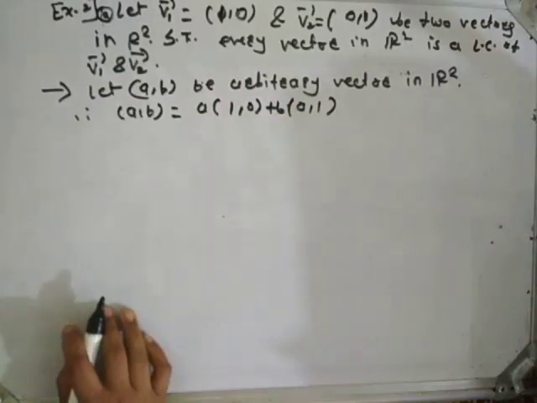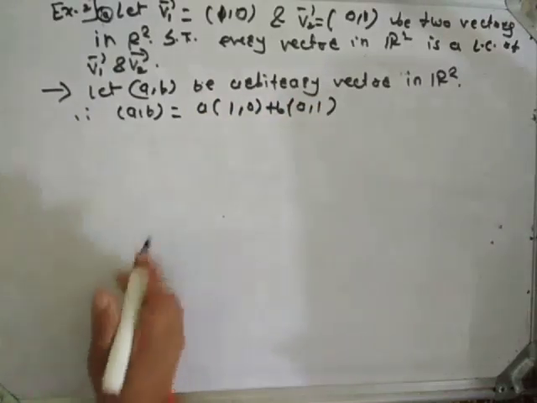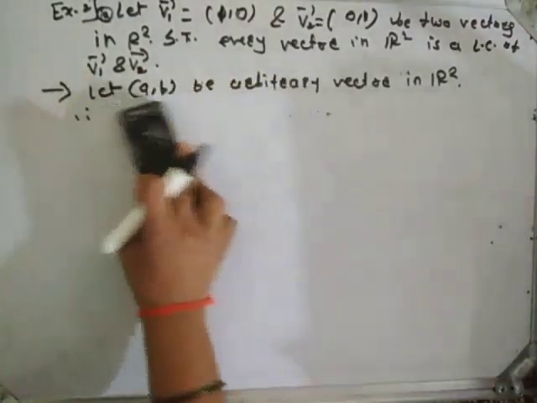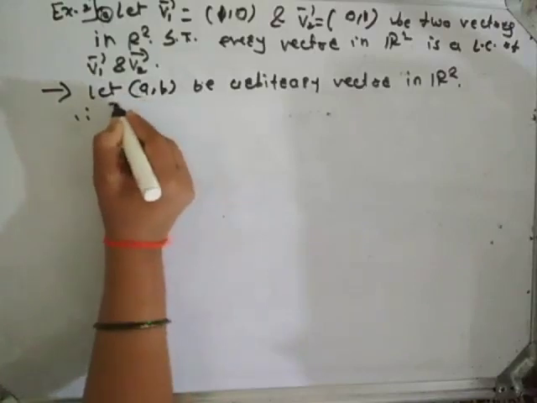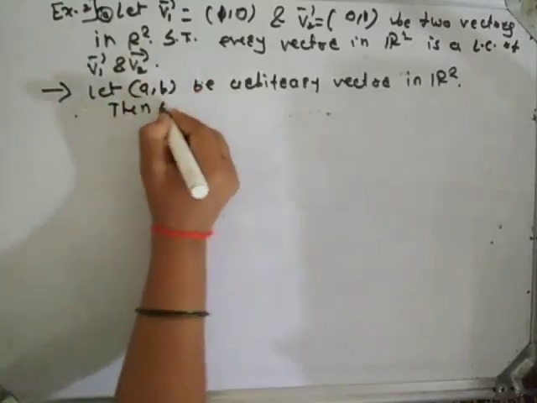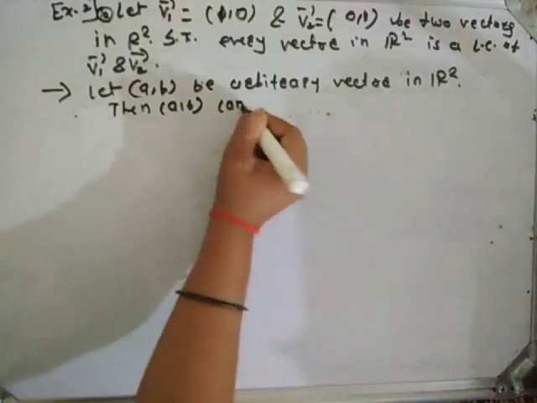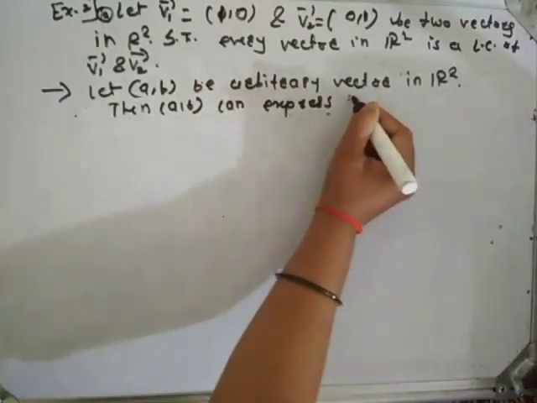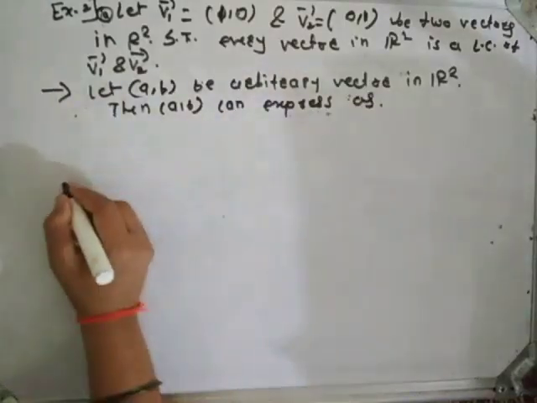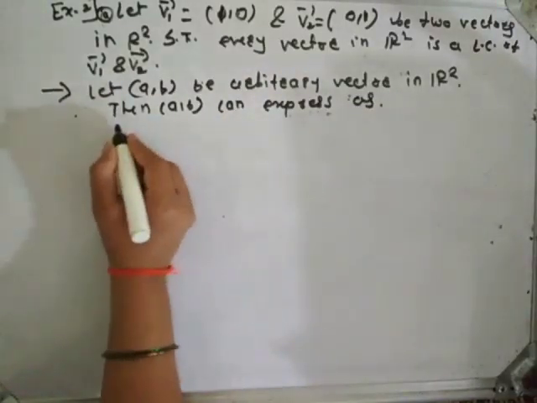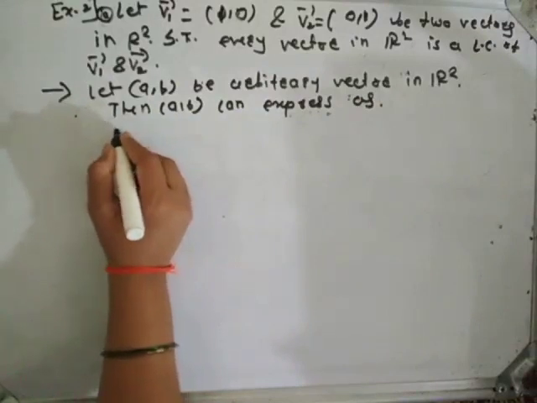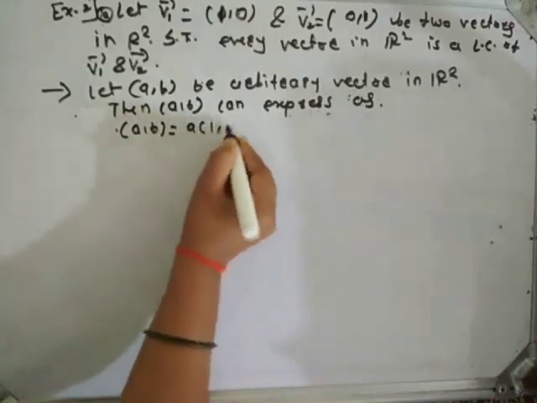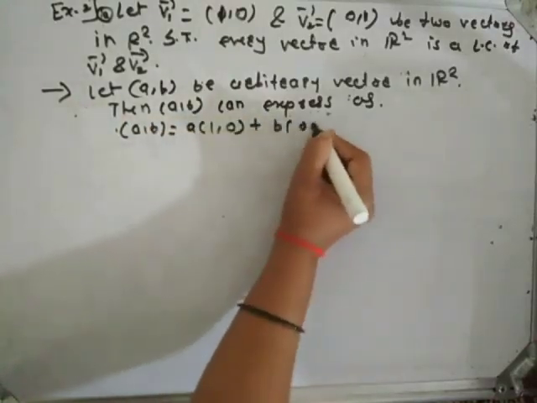Okay. Here I will write. Then the ordered pair (a, b) can be expressed as (a, b) is equal to a(1, 0) plus b into (0, 1).